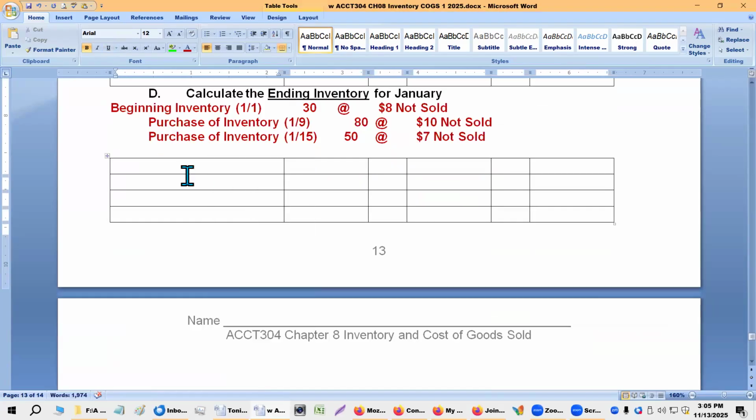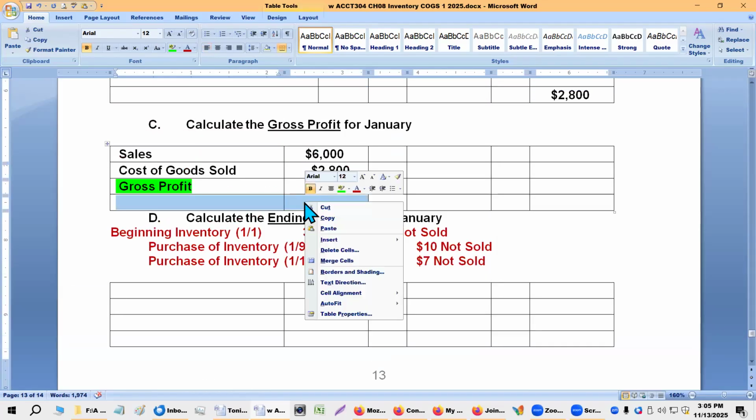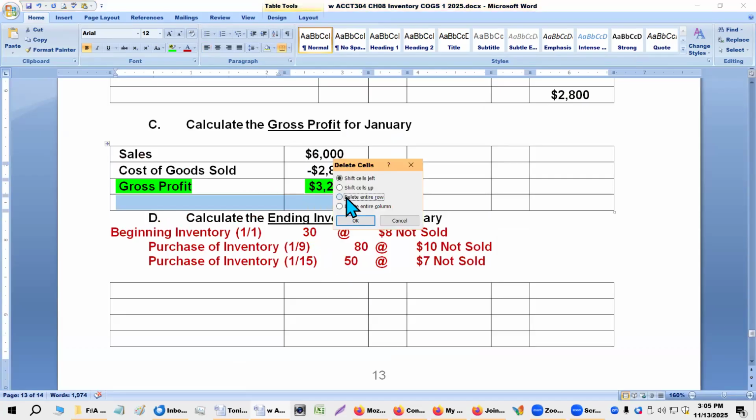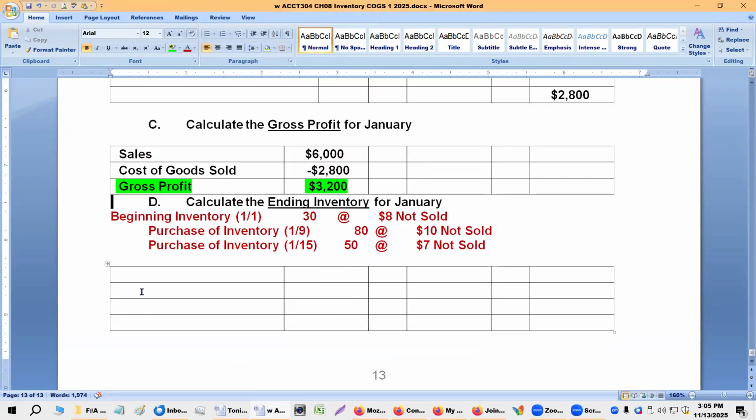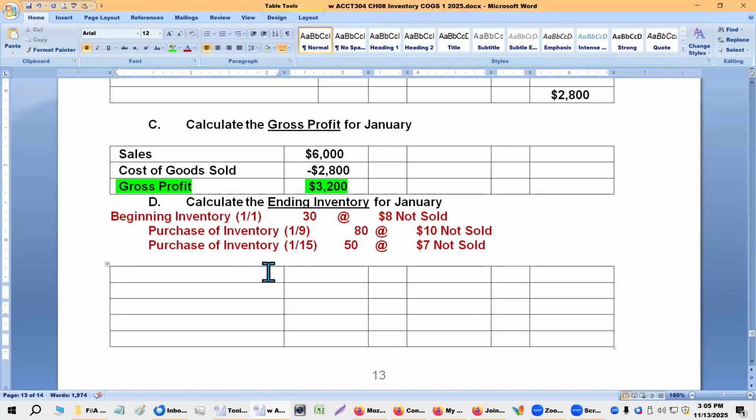You need one more row. You do. Okay, sorry about that. Ending inventory.